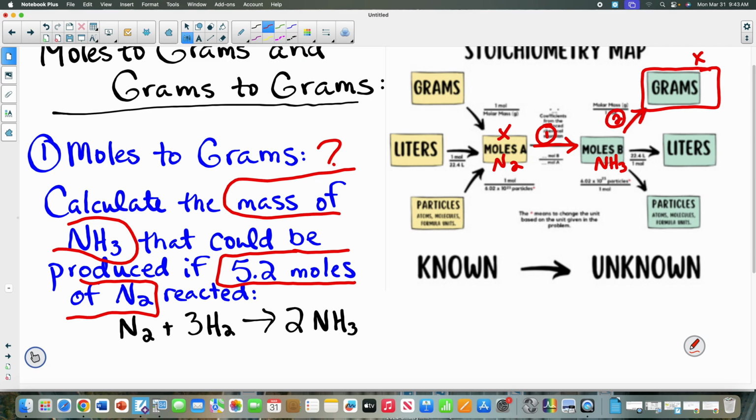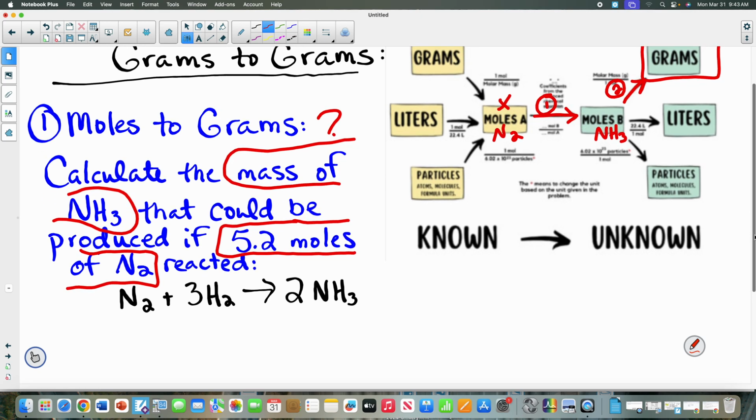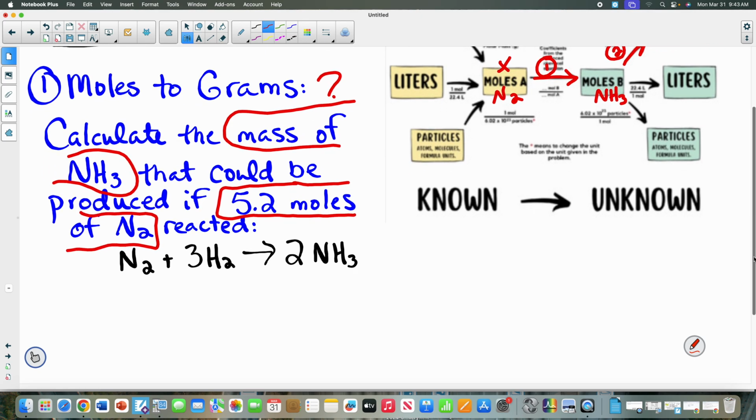You multiply by the molar mass. Yeah, you use the molar mass. Good. Okay, so let's set up our little train track guy, and it's going to be 2 steps.